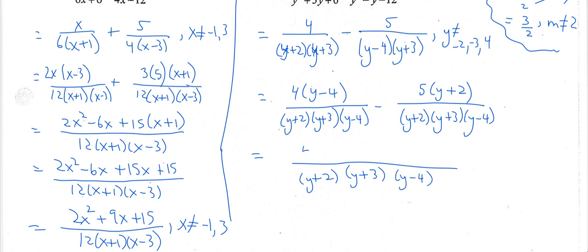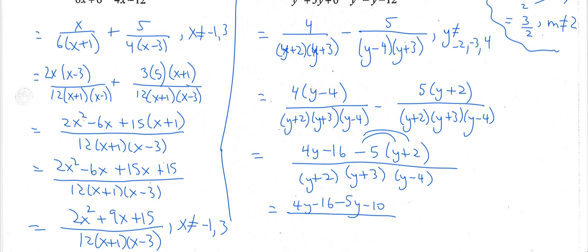Okay, and I have here 4y minus 16, and here again being so careful with that minus because it's going to need to distribute to both of these terms. So that's 4y minus 16 minus 5y minus 10 over y plus 2, y plus 3, y minus 4. This is an awful lot of writing, but that's the nature of these questions.